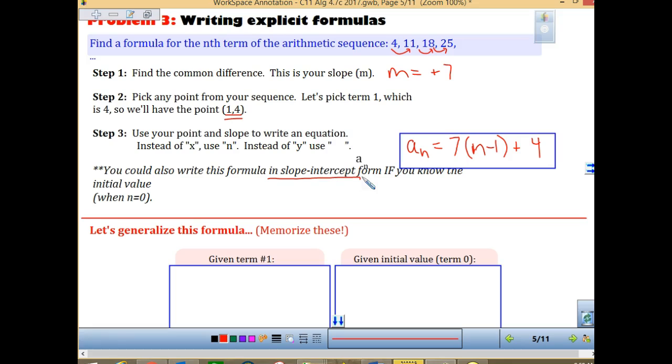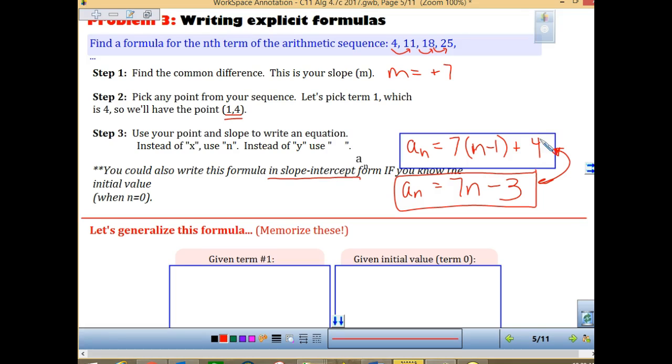So making sure, if we are asked to write it in slope-intercept form, right, you would have had 7n minus 7, so we would have had 7n. And if I have minus 7 plus 4, that's going to be minus 3. These two are the same equations, just that this is point slope and this is slope-intercept. Okay?